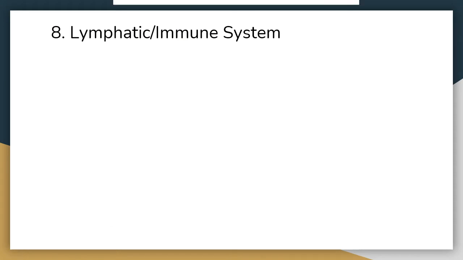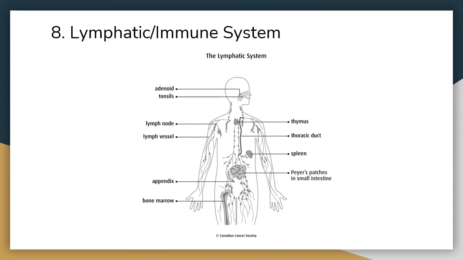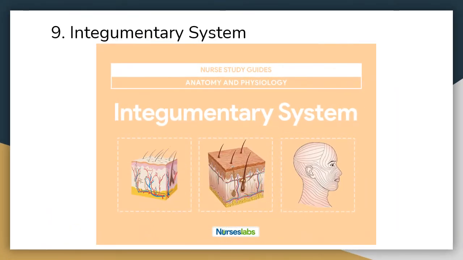For number 8, lymphatic or immune system: tonsils, bone marrow, thymus, and the rest. For the integumentary system, the major structures are the hair, the skin, and the nails.